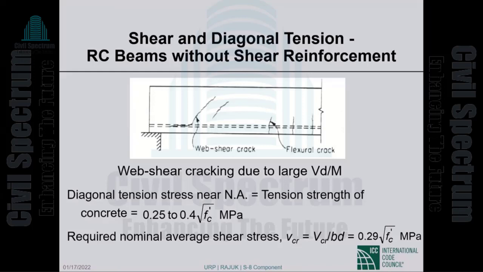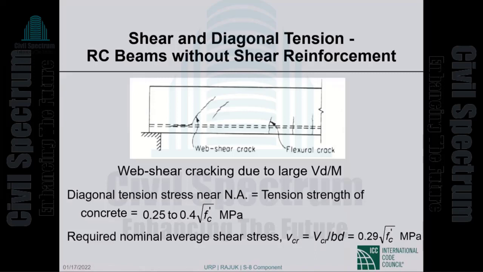We take it as 0.29 square root of f sub c prime. So the shear at cracking, V sub CR, the shear corresponding to this web shear cracking, that's what we are calling V sub CR.